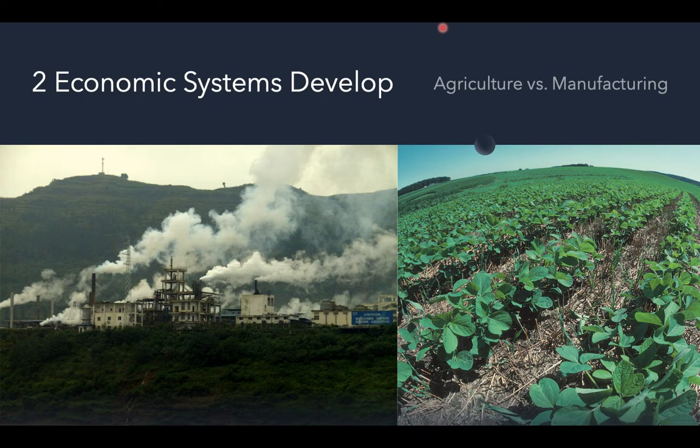But it wasn't like that everywhere. You have two economic systems that really develop in the United States. Northeasterners, prompted by the changing economic conditions, invested their money in machines, manufacturing, and factories. Cash crops did not grow very well in the northeastern soil and climate, but the fertile soil of the South was great for growing cash crops like cotton and tobacco.